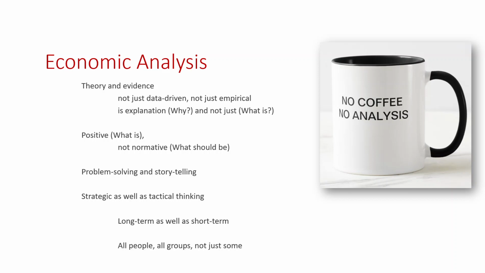Now, we also want to talk about the effect on all people, all groups, and not just some, because the effect of that $2,000 payment, for example, I think it was 2,000, maybe it was 1,200. I have now forgotten. It's been a few years, but the effect of that payment that went to me and my wife, we had $2,400 that we could suddenly decide to spend on something that we hadn't thought about or hadn't needed.